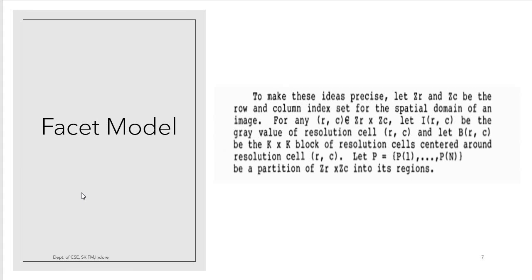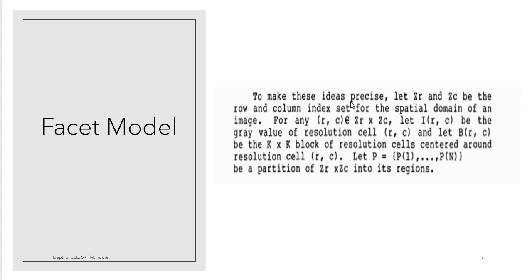So to make this idea precise, let us consider the row and the column index sets represented by ZR and ZC. Let ZR and ZC be the row and column index sets for the spatial domain of an image.